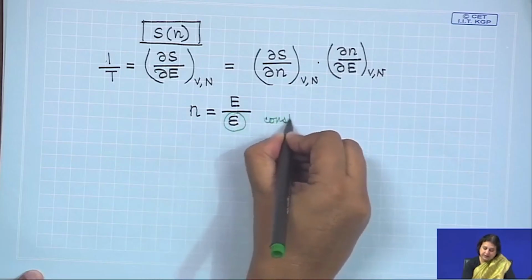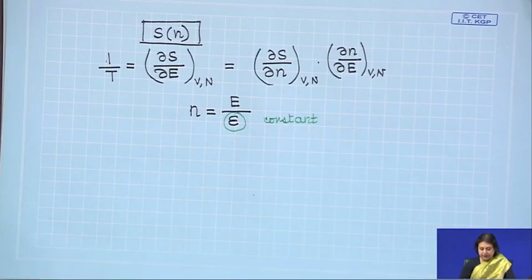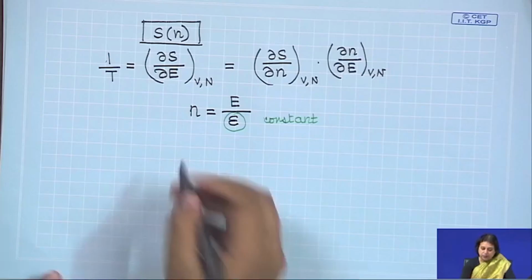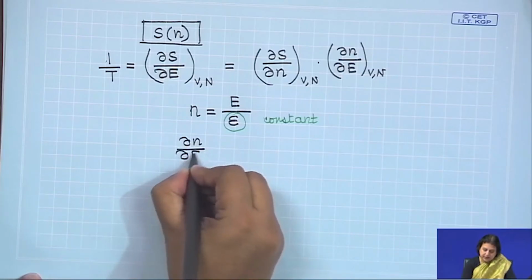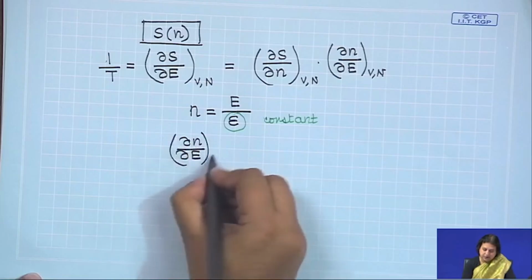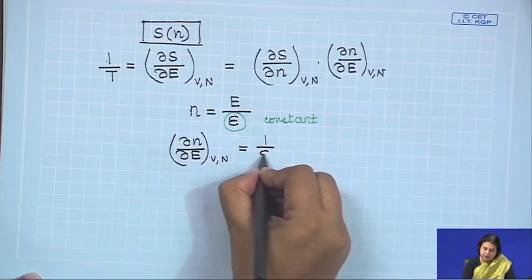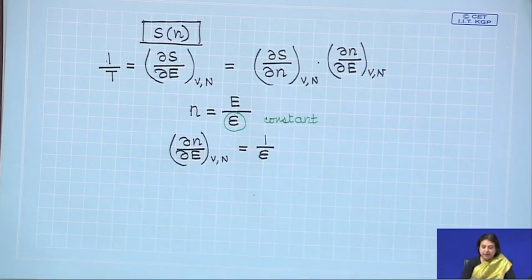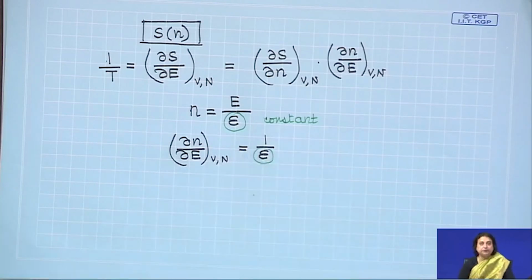It is a characteristic constant of the system that I am studying. Therefore, I can very easily say what del n del E is. If I keep everything else constant, that must be equal to 1 by epsilon, where epsilon is once again a constant.